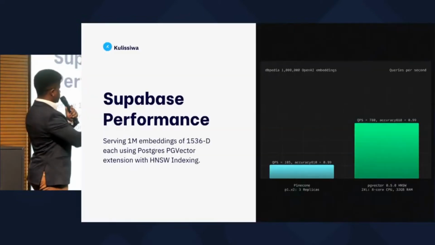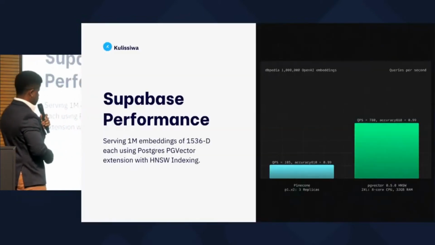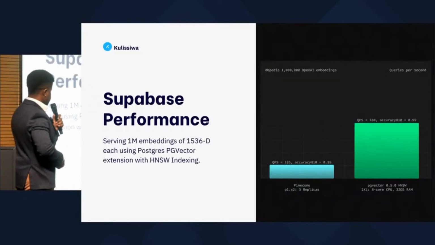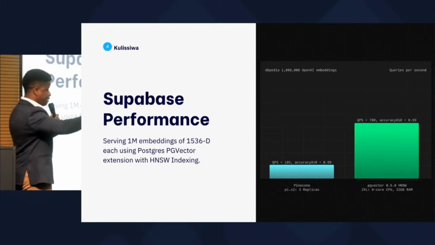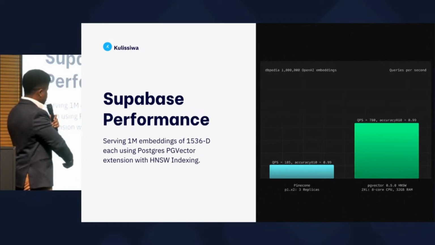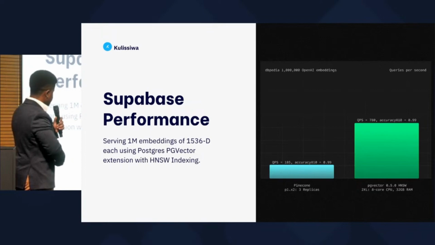And here are some examples of this. Supabase released this article where they talk about serving 1 million embeddings of 1,536 dimensions. That's just 1,536 numbers each, for 1 million embeddings, using the Postgres pgvector extension.